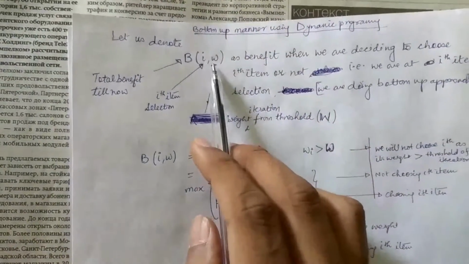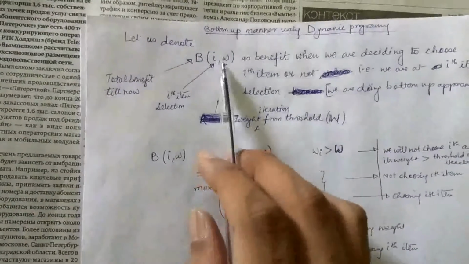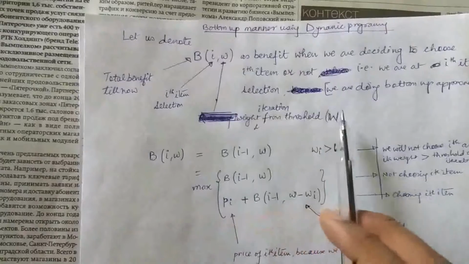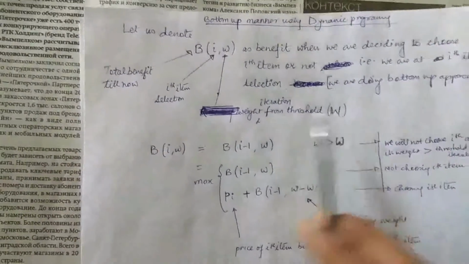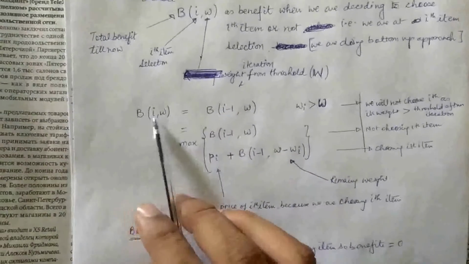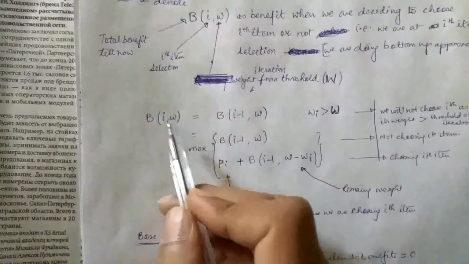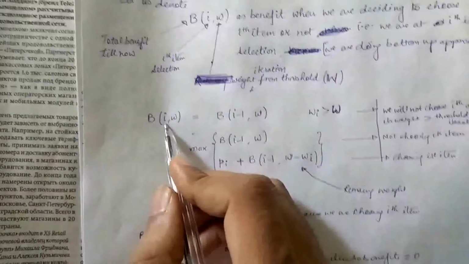So in a bottom up table, this w varies from 0 till threshold w, 0 to w, right? So what is this B of i, w? We are at selecting the i-th item.